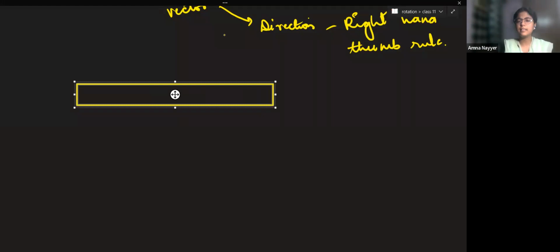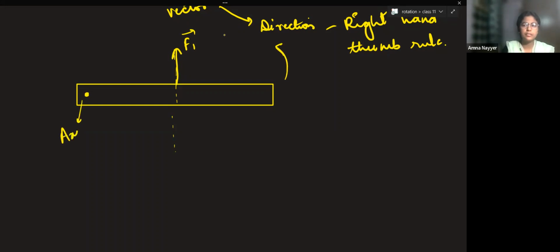See class, let's say this is a rod. This is the line that I have taken because this is the line of force. Let's say F1 force is acting upwards at this particular point. This is the axis of rotation, and the rod is rotating. The perpendicular distance will be this, that is R1.